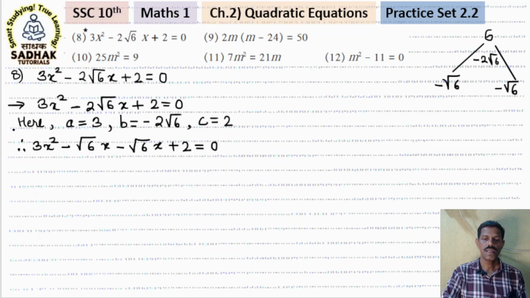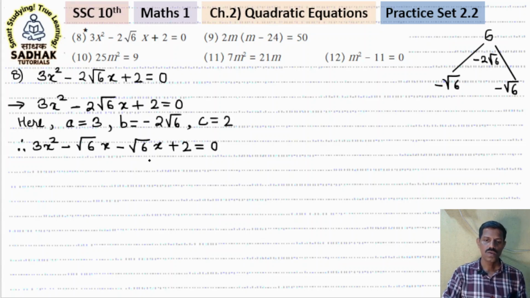Now if we look at the first and the second term, that is 3x² − √6 x, what is common in these two terms? We can see that x is common in both terms, so we can take that x outside the bracket and put whatever is remaining inside. But in the third and fourth terms, is there anything common?